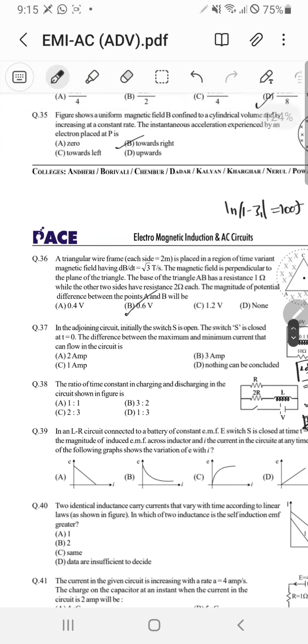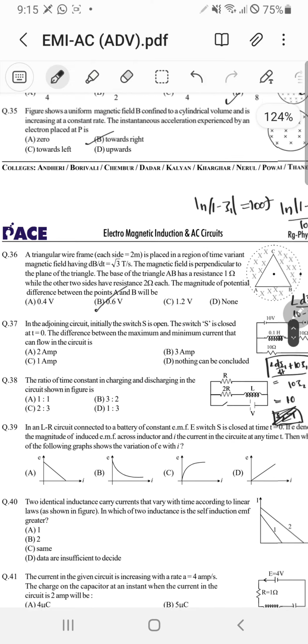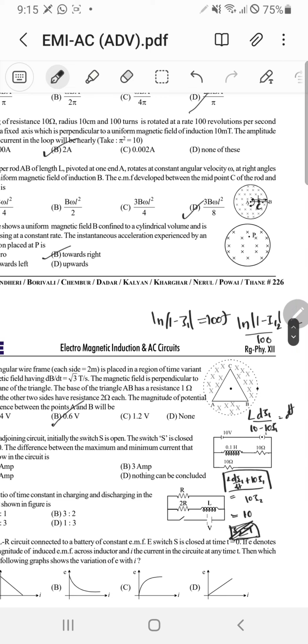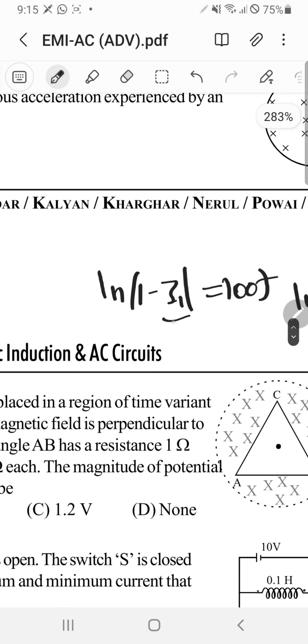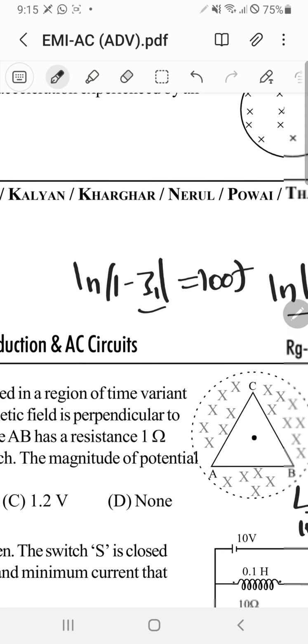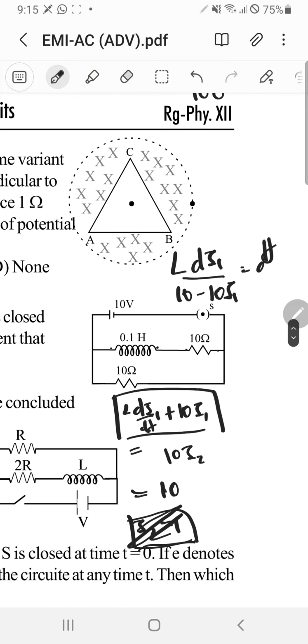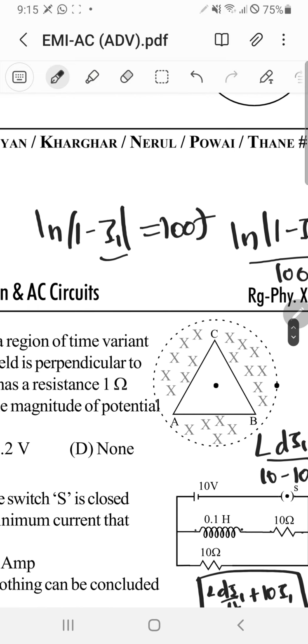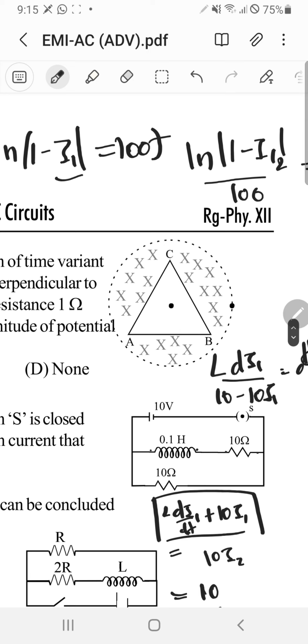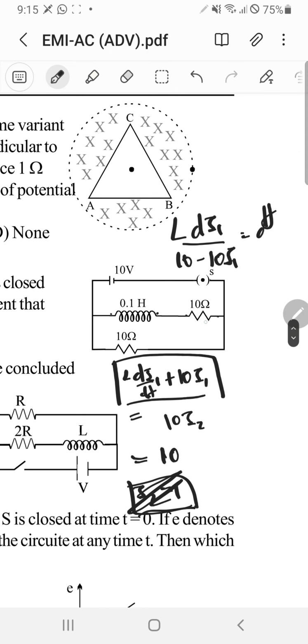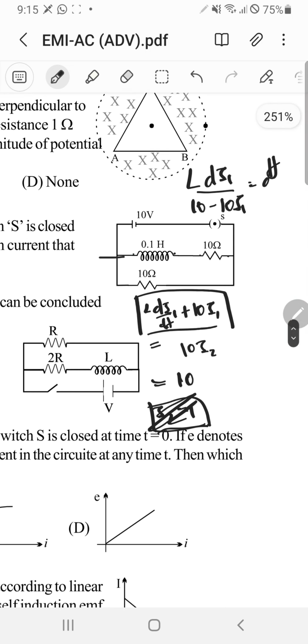Alright, and what do we want to find? Maximum and minimum current. When will this be max? Of course, it's just 1. That's the maximum that it can be. I'm pretty sure about this. Maximum current is 1, minimum is 0 for this wire.